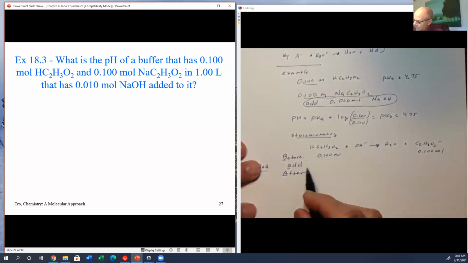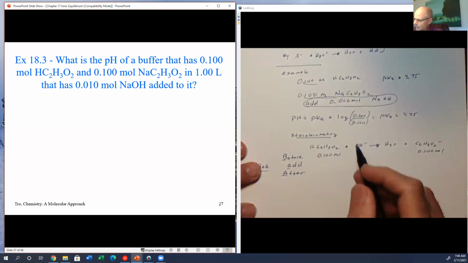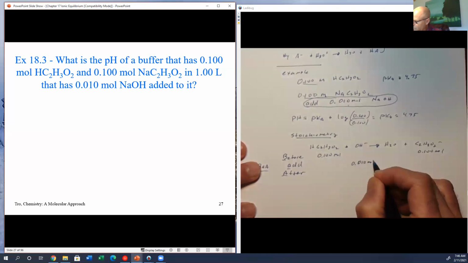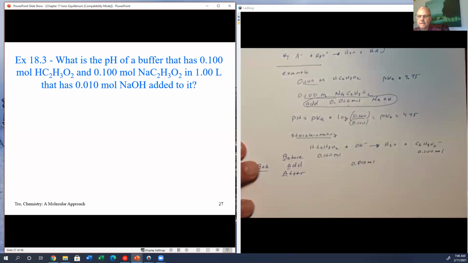And then in this line, we're going to put what we added, all right? So in this case, we added 0.010 moles of OH minus, all right? And now in this kind of table, we don't sum things like we do in an ICE table, but rather we say, okay, if I have 0.1 moles of acetic acid and I add 0.01 moles of OH minus to that, and it reacts stoichiometrically, how many moles of these things are left?